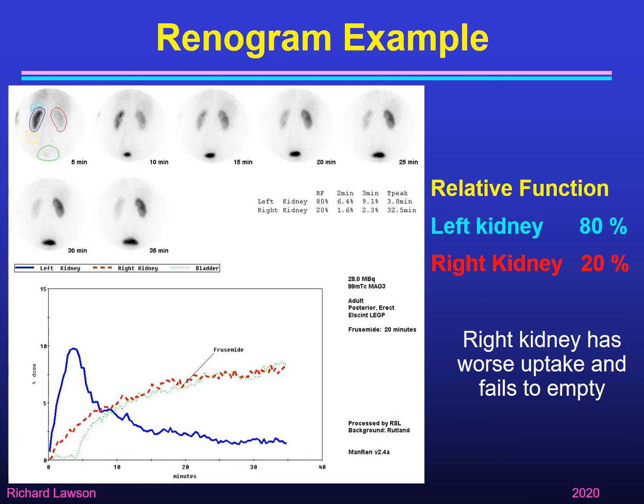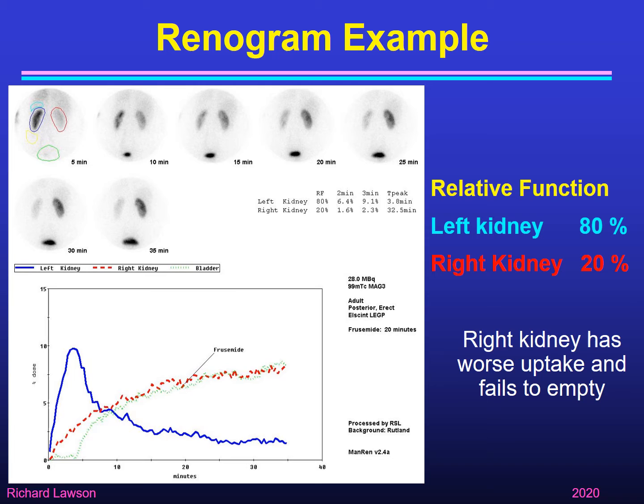However, the curve for the right kidney from this region of interest here gives the curve in red, which rises less quickly than the left kidney, indicating that there is less activity, less function in the right kidney. And indeed, the computer says that there's only 20% of the total function in the right kidney and 80% for the left kidney, as evidenced by the lesser slope of the right kidney compared with the left in the first few minutes.